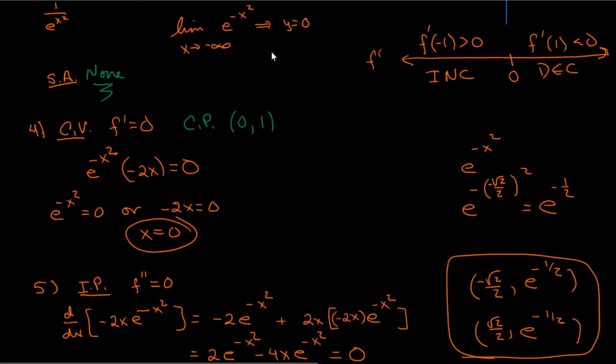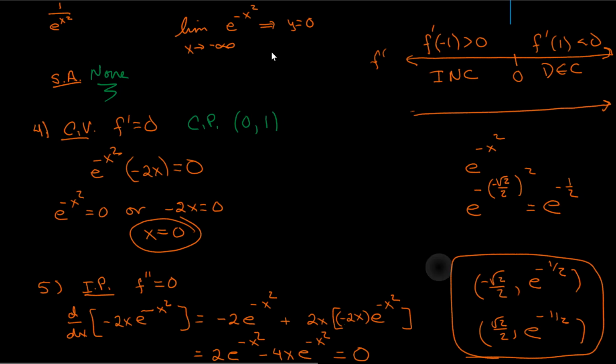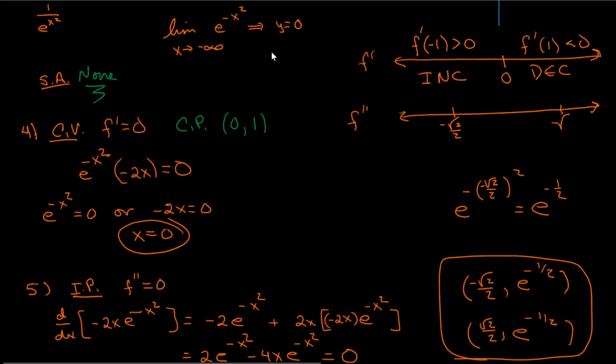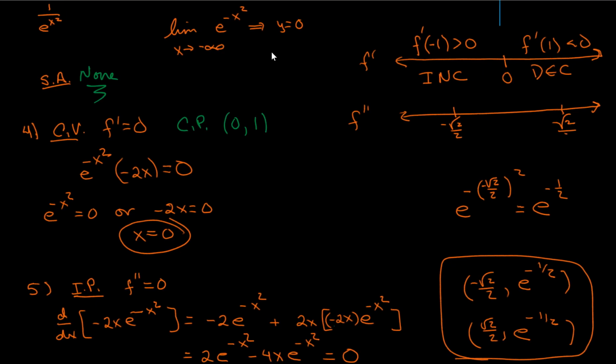What we need to do is come back up here for the second derivative. I want to put my negative square root 2 over 2 there. I'm going to erase this. And I'm going to put my square root 2 over 2 here.